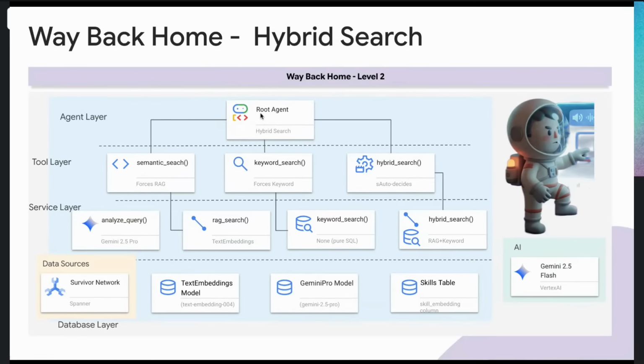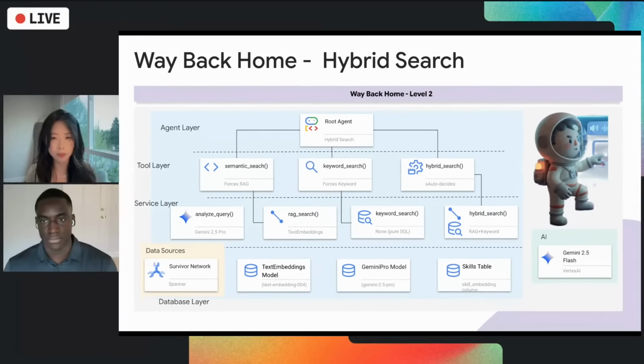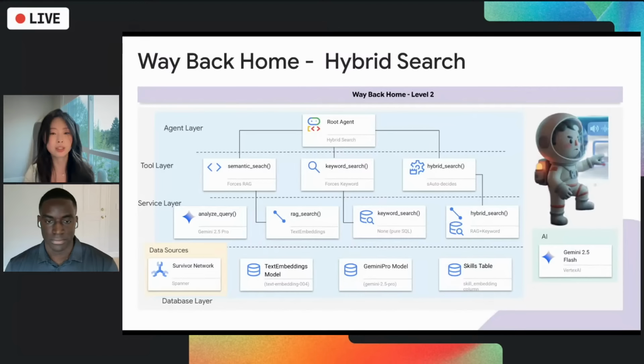So now in the root layer, if I want to search for an exact match, a specific location, Gemini as a brain will decide, okay, I'm going to use keyword search, and it will search by exact match. And if I'm searching for things like who can help with an emergency or what is a medic, I would expect the AI to decide to use the semantic search tool.